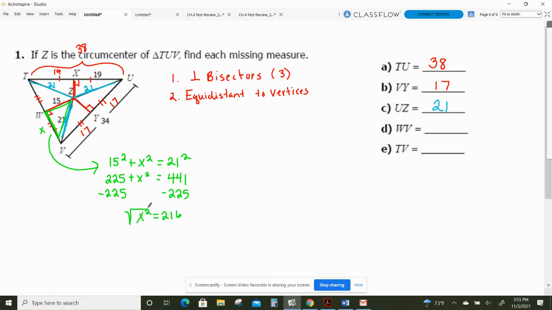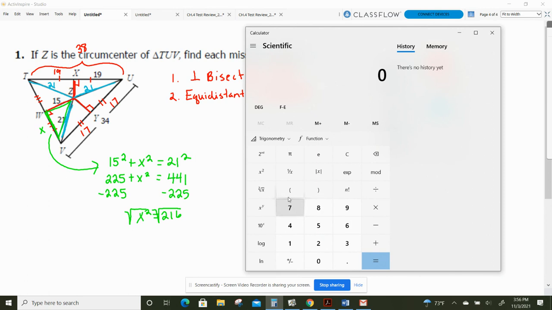And then I'm going to take the square root. And so the square root of 216 is 6 root 6, or I'm just going to pop up this calculator here.